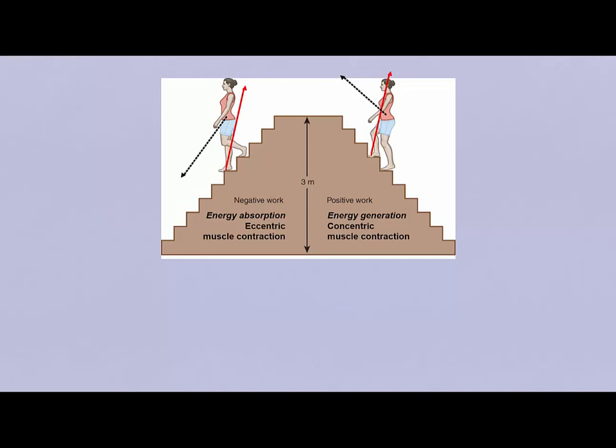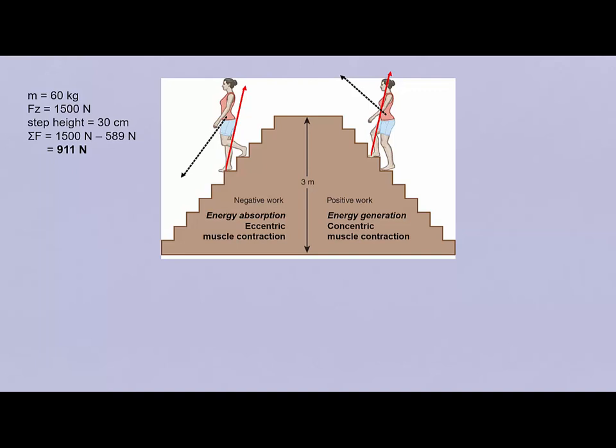Now let's take a look at the math behind this. It's actually pretty straightforward. In this example, Jane has a mass of 60 kilos. If we had a force platform on each one of these steps, and we were able to measure ground reaction force, we found in this example that each ground reaction force step is 1500 newtons. Each of those steps has a height of 30 centimeters.